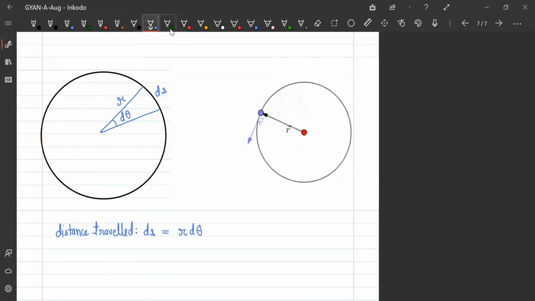So the velocity will be changing like this. Initially the velocity was along this direction, now it is along this direction. The velocity has changed.